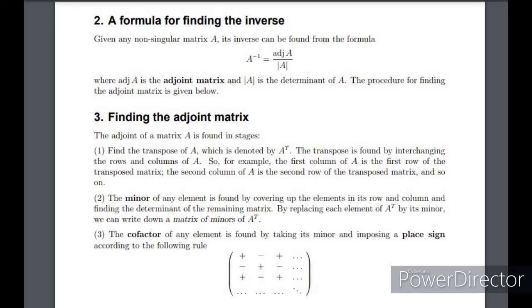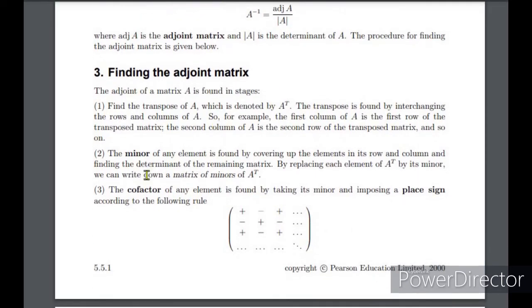Next is step 3. The cofactor of any element is found by taking its minor and imposing a place sign according to the following rule. You already know how to get the cofactor, right? When you get the cofactor, you will use this sign rule.